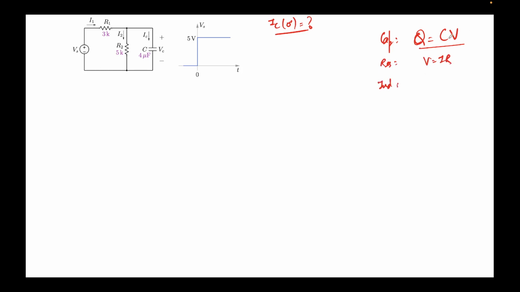What is the expression for an inductor? L di by dt. We'll come to the inductor later, but for the time being, let's just stick to Q equal to CV.